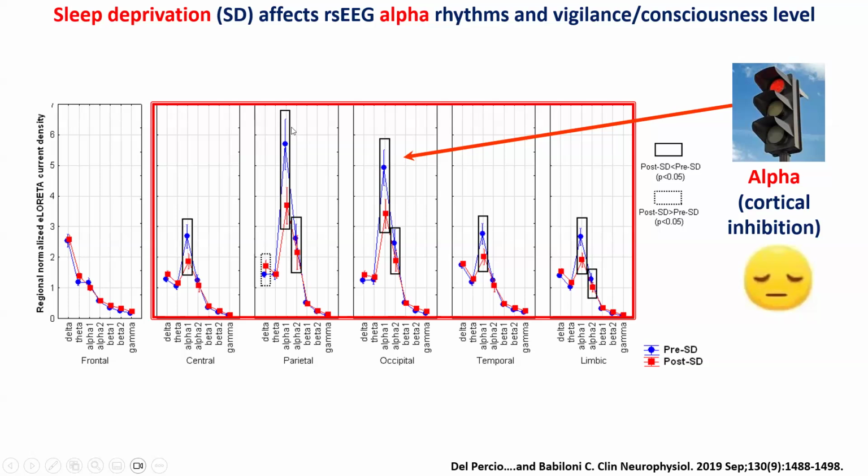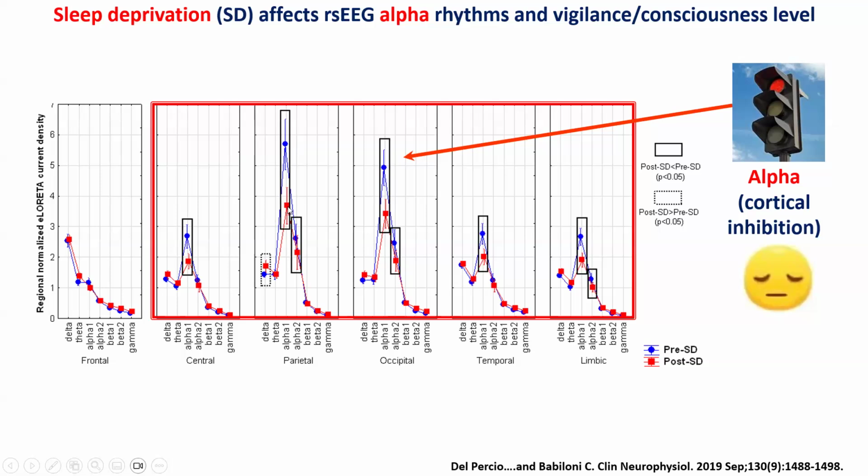And you see in blue, before sleep deprivation in these healthy volunteers, that the maximum cortical source activity was estimated in low frequency alpha or alpha 1 in parietal source. Also in occipital source, you see high level of cortical activity in low frequency alpha or alpha 1. What happened after one night of sleep deprivation?